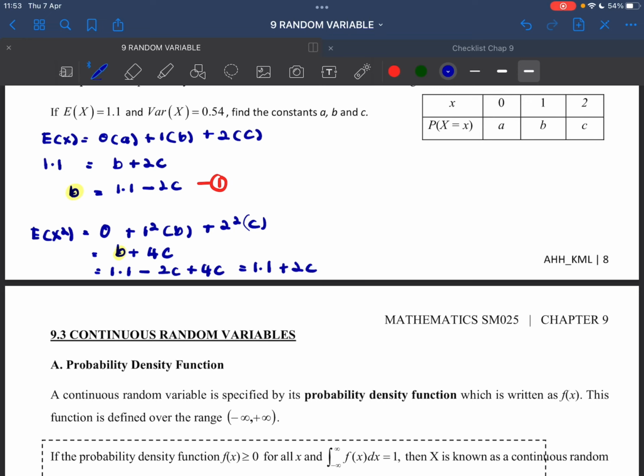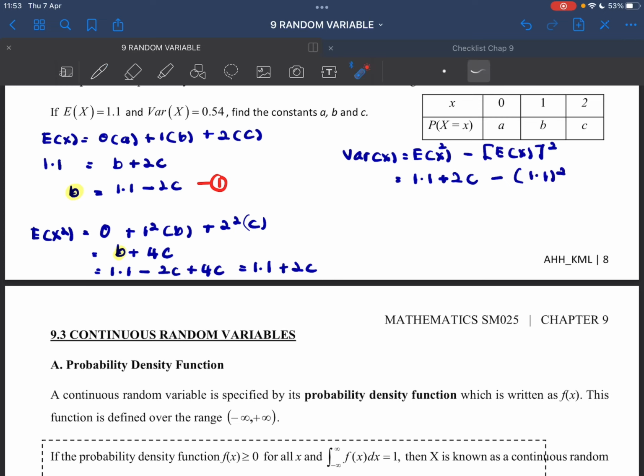Now back to the formula for variance. Var(X), we know that the formula is E(X squared) minus E(X) squared. E(X squared) is this one here, which we already simplified: 1.1 plus 2c. E(X) is given in the question, which is 1.1, squared.